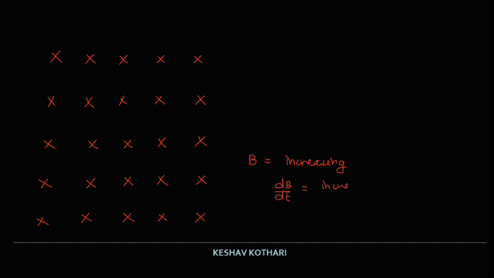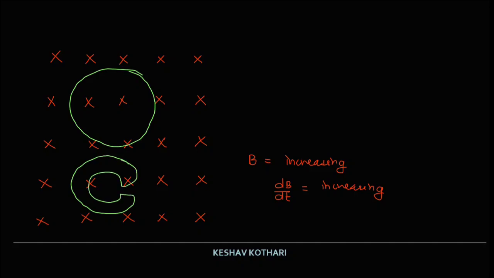So the magnetic field is increasing with time in this particular case. Over here I am drawing a loop like this. Suppose I consider three cases. In the first one we are considering a loop like this, and in the second one we are considering a loop like this.